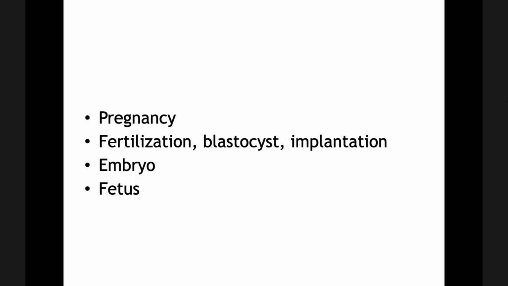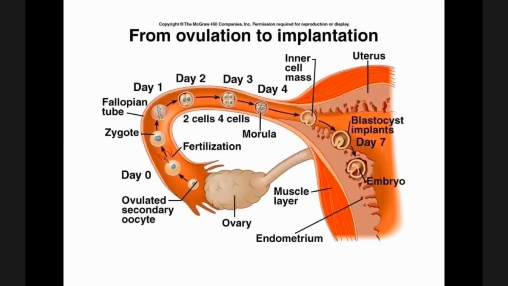Okay. So you are all aware of the sequence of how conception, human fertilization occurs. The ovary releases an egg. The egg inside the human body has a lifespan of only 12 to 24 hours.